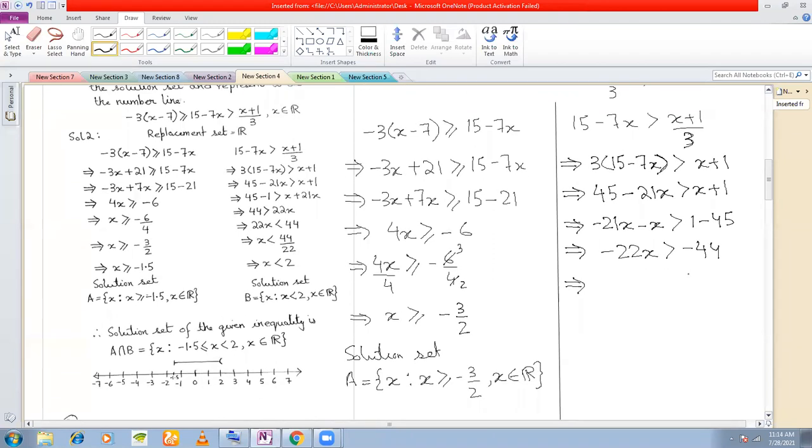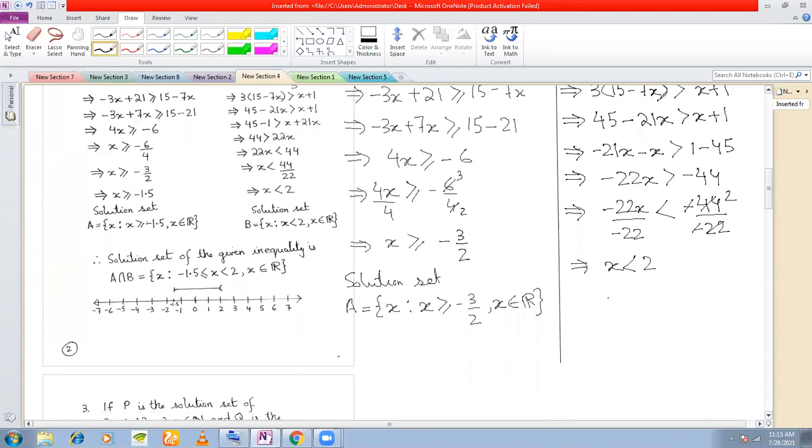That means I have to divide both sides by minus 22. But if I divide both sides by minus 22, what does it become? I have to reverse the sign of this inequality because I'm dividing both sides by a negative number. That means this becomes x less than, I can cancel this and this cancels twice, 2.